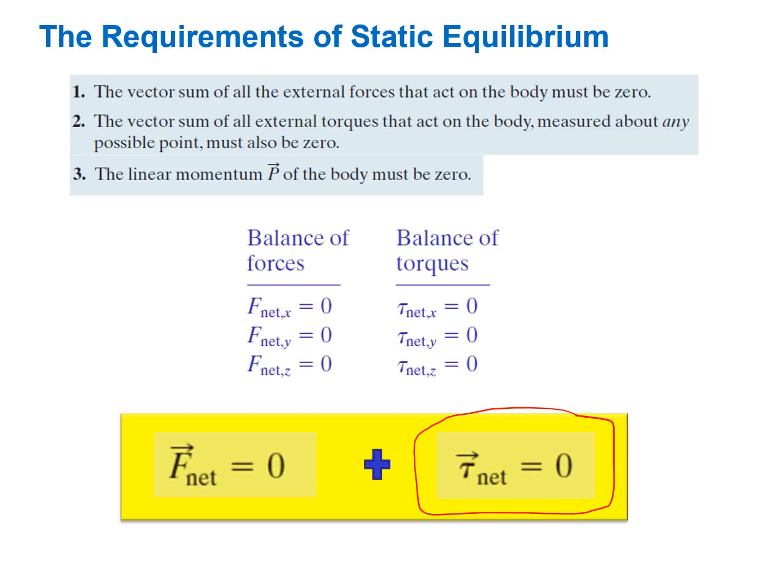So again, the word static refers to at rest. Equilibrium refers to balanced. And so we have translational equilibrium, an example of which would be an object moving with a constant velocity in a straight line. That is in translational equilibrium. If it were at rest and has no acceleration, then it's in translational static equilibrium.